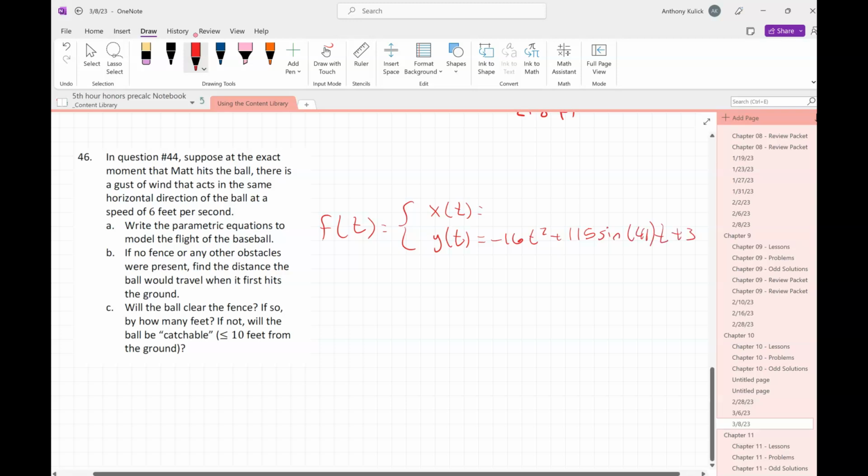Is it going to affect the horizontal component though? Yes, right? The initial speed of the ball was 115, but now we have a 6 feet per second tailwind. So now the initial speed is really 121.